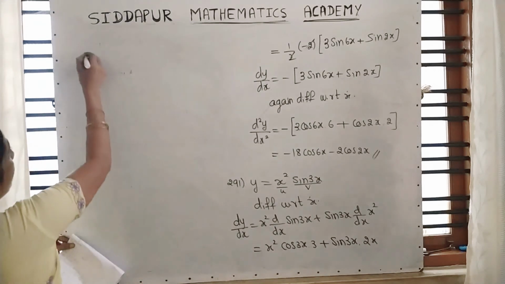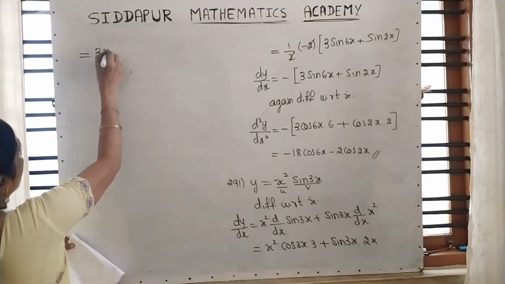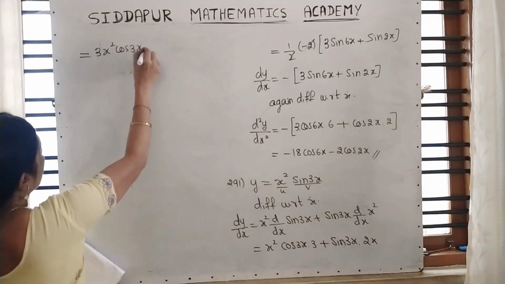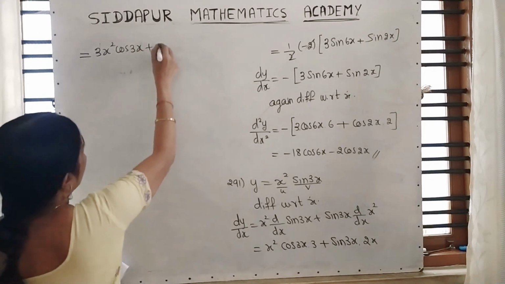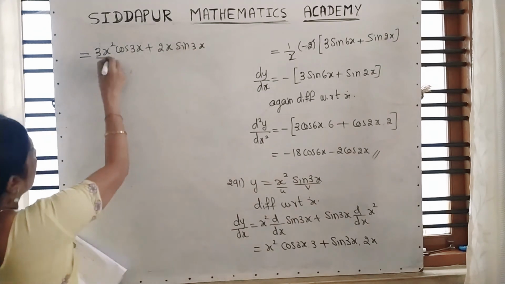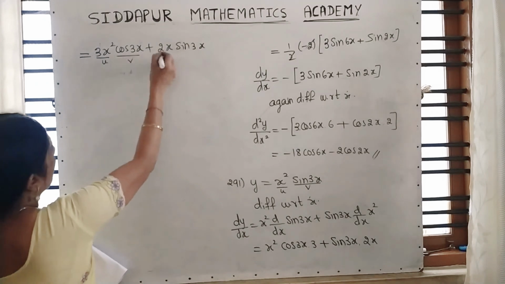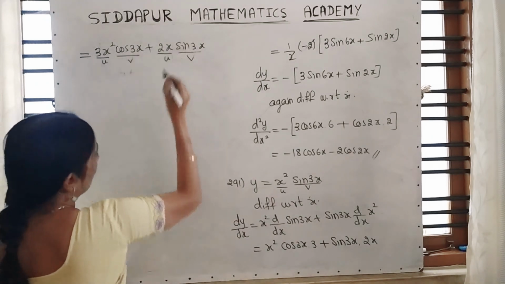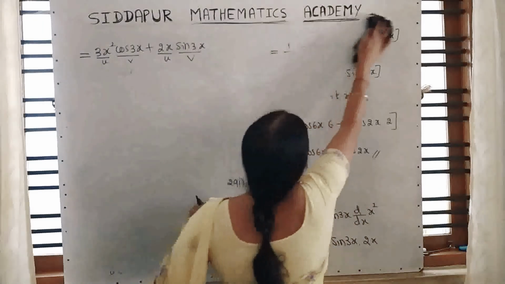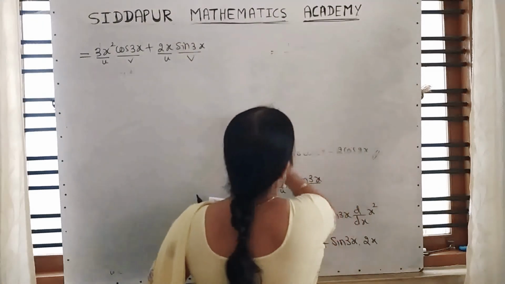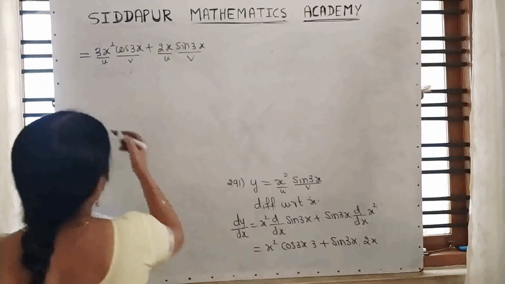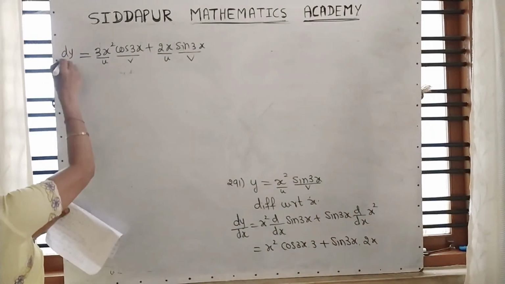So this will be, just I am rearranging, 3x square cos 3x plus 2x sin 3x. This is u, this is v. Again this is u, this is v. So this is dy upon dx.